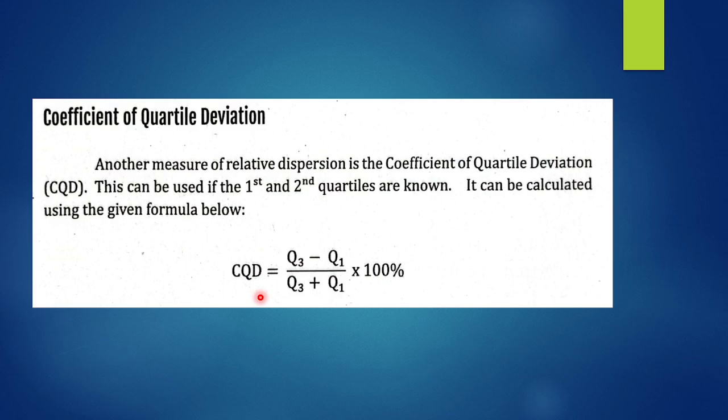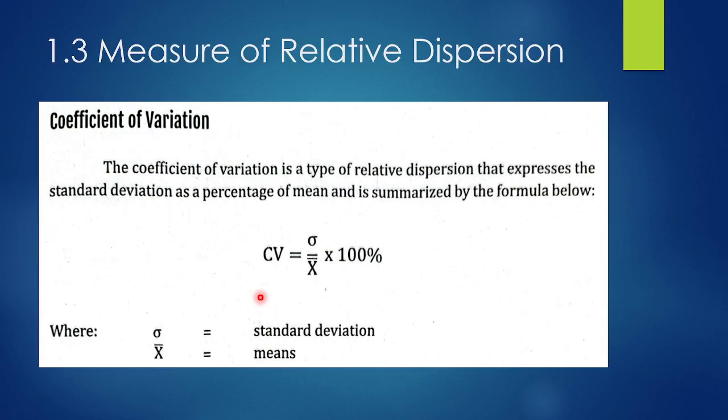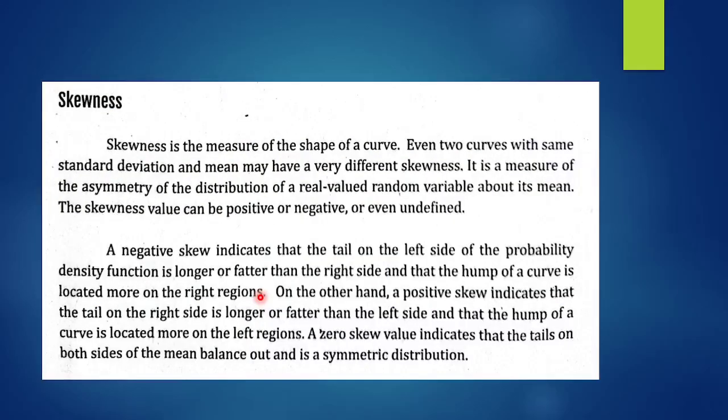All right. So just take note of the formulas for the coefficient of quartile deviation and the coefficient of variation. And the third measure of relative dispersion is what we call skewness. Skewness is the measure of the shape of a curve.